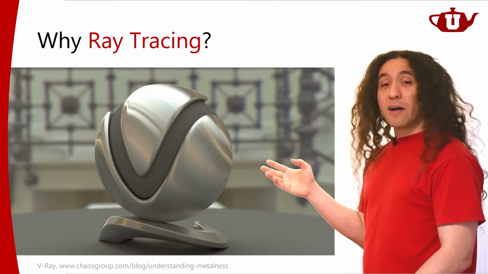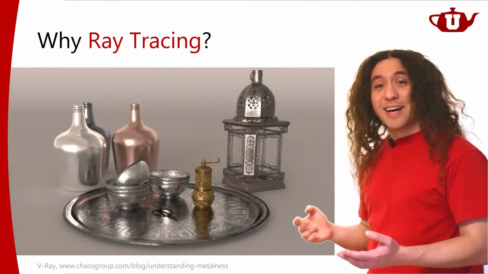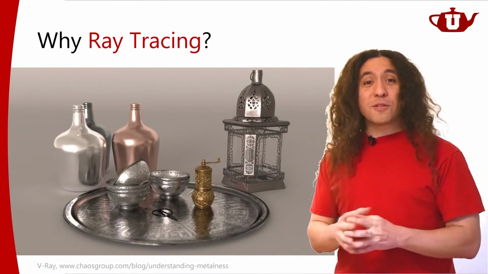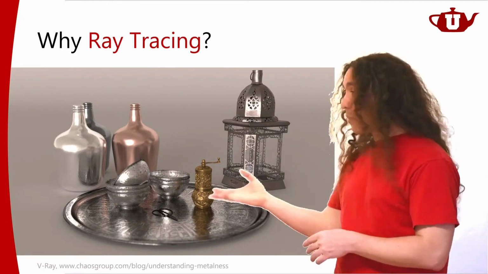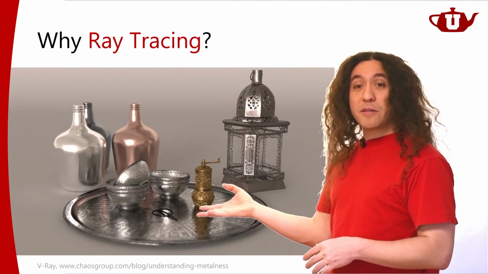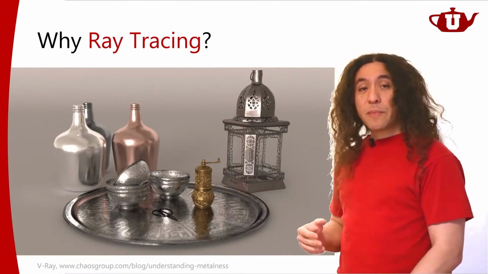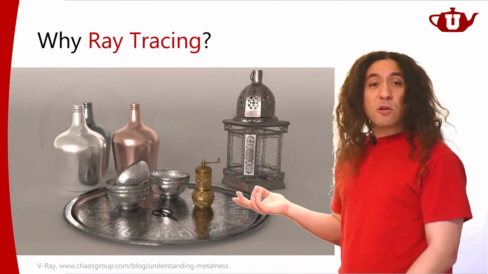And these sorts of materials are quite common in reality. They are actually all over the place, right? Not every reflective surface we have is smooth. Almost all of the surfaces that we encounter in daily life will have some sort of reflection. Some of them will have very obvious reflections, some of them more subtle reflections. And oftentimes those reflections are not going to be perfect. The same goes for refractions, right?